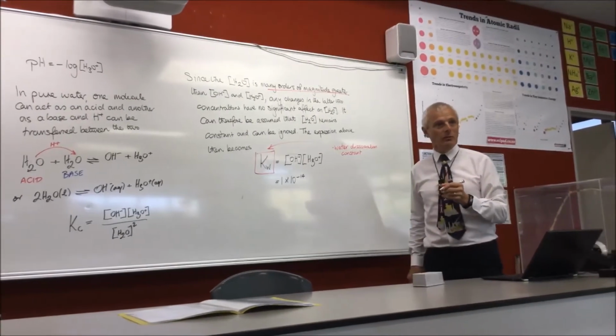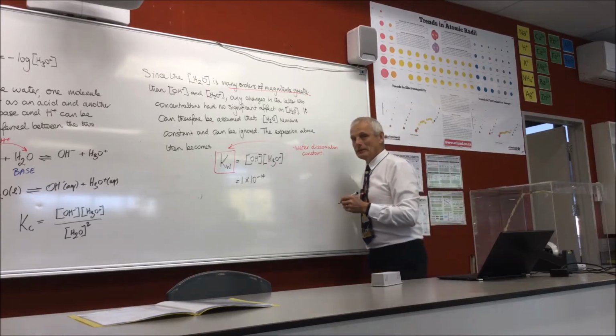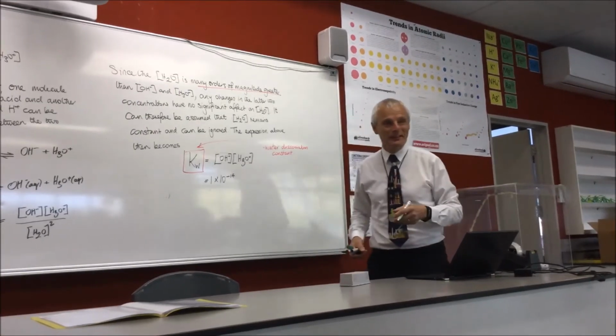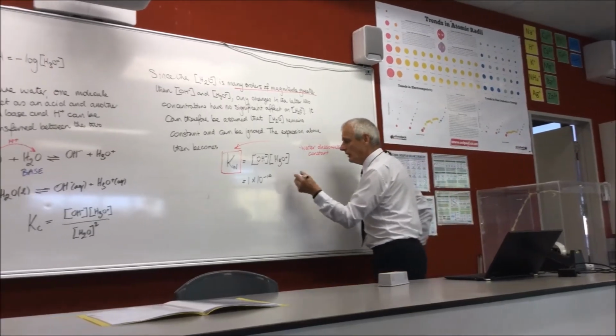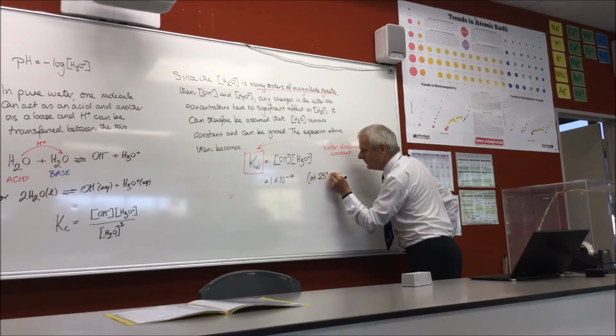That sounds familiar, doesn't it? 14? We're talking about the pH scale. See why it starts to slot into these peculiar numbers. 1 times 10 to the minus 14, but that is at 25 degrees C.